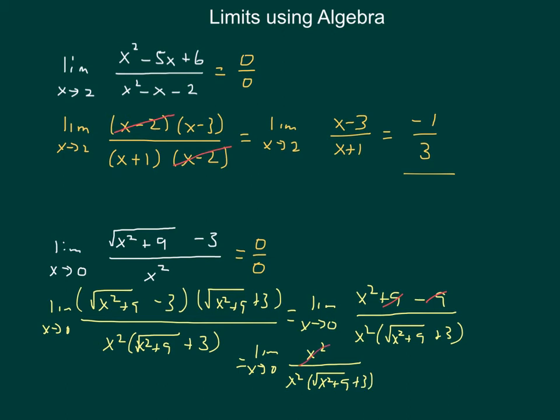Now the x squareds drop off, and so we really have the limit as x approaches 0 of 1 over the square root of x squared plus 9 plus 3. And as x goes to 0, the square root of x squared plus 9 is going to be the square root of 9, which will be 3. So that result is going to be 1 over 6. And so for this particular problem, the limit as x approaches 0 of the square root of x squared plus 9 minus 3 over x squared does come out to be 1/6.